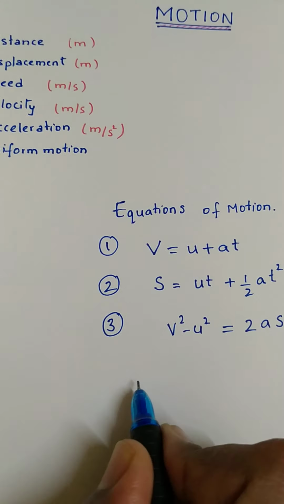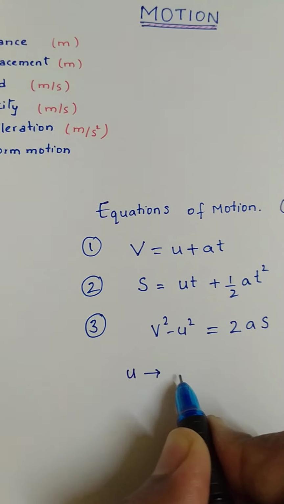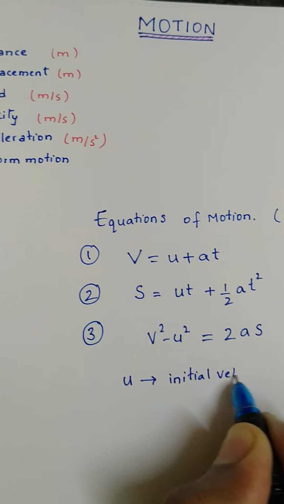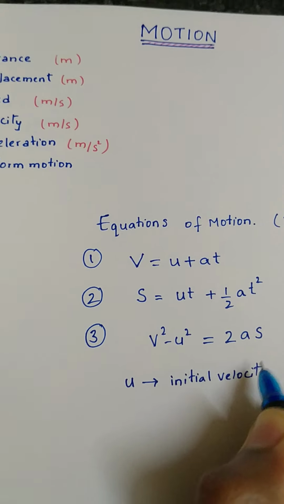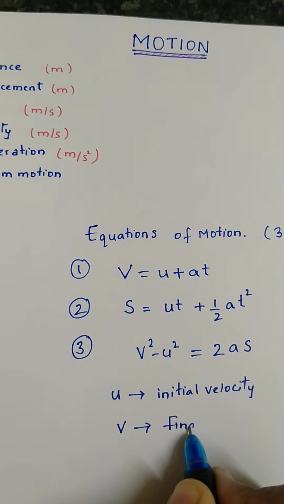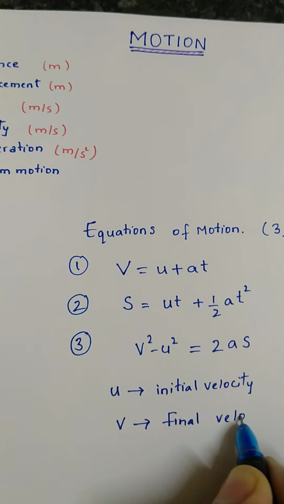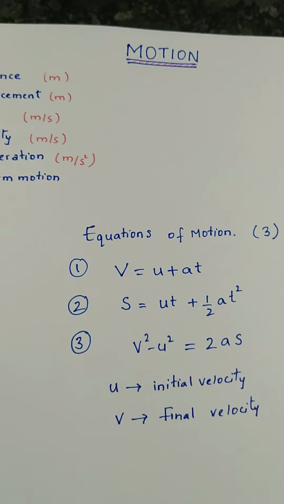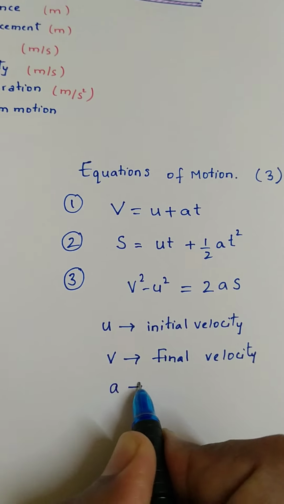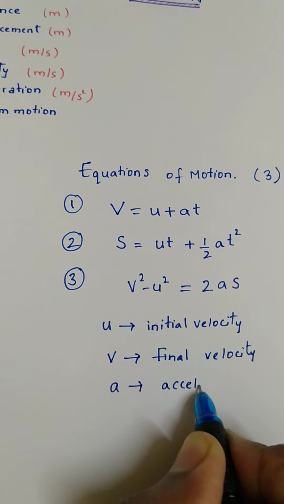Now in this case, u is representing the initial velocity of the object, and v is representing the final velocity, like when the entire motion is about to complete, and a is acceleration.